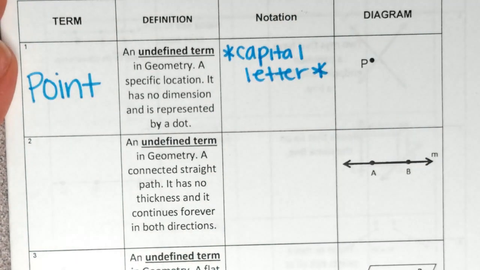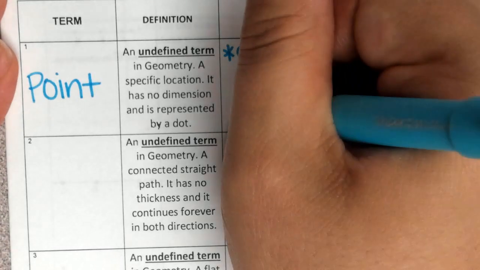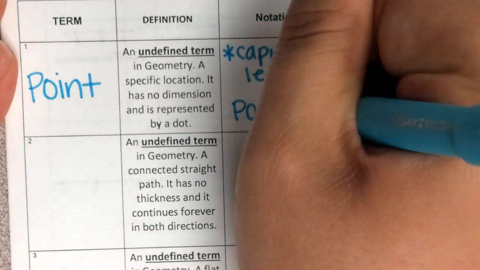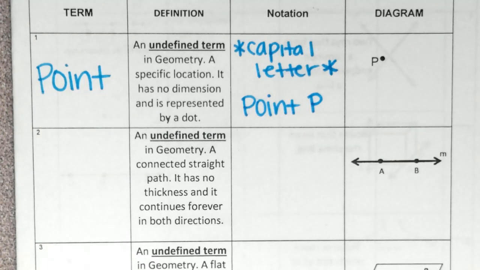Anytime you have a point, it needs to be represented by a capital letter. So this right here is point P. You cannot have a lowercase letter for points. Okay?